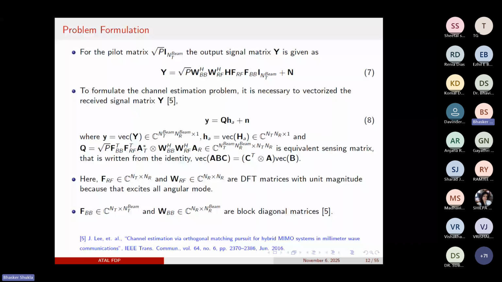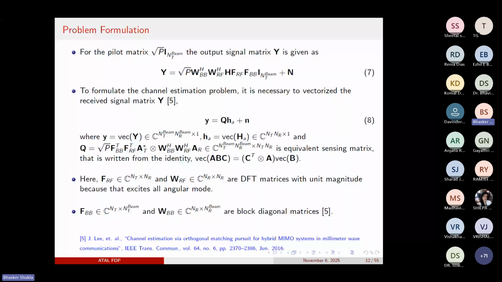So because we have to find the channel H with the help of these dictionaries, and means with the help of the pilot signal, the received pilot signal and the transmit pilot signal, it must be vectorized because it is in matrix form.